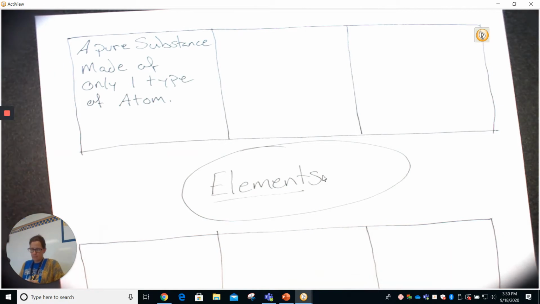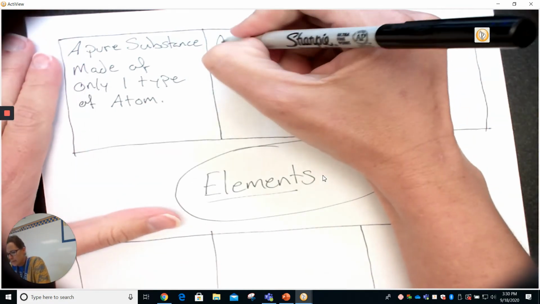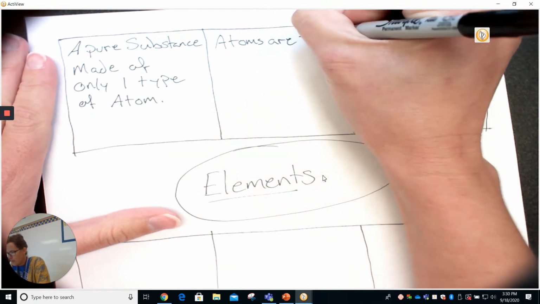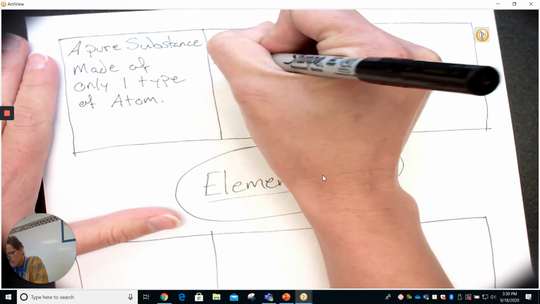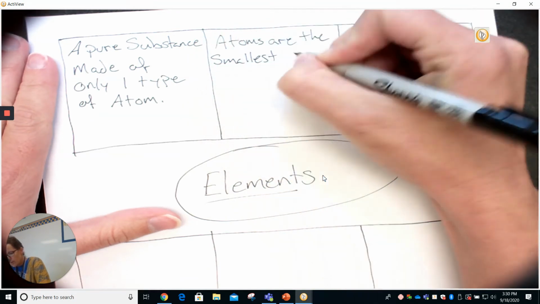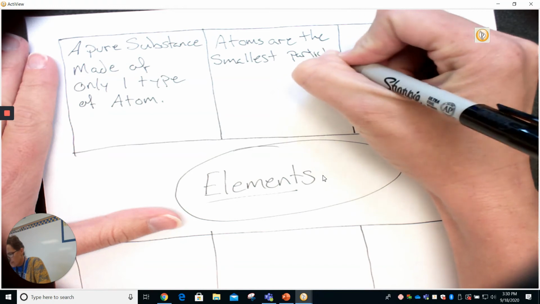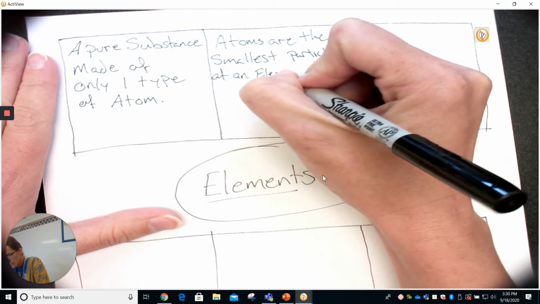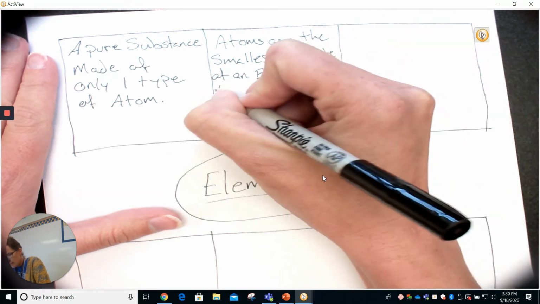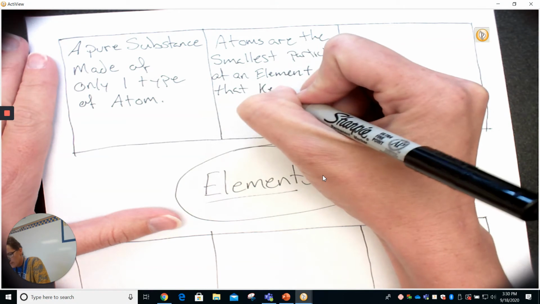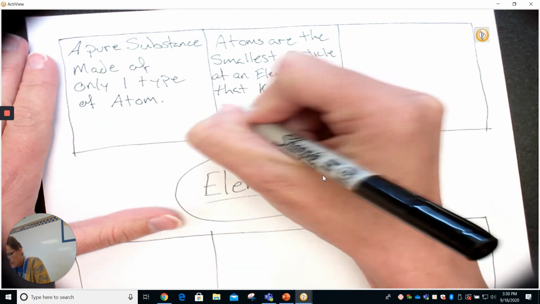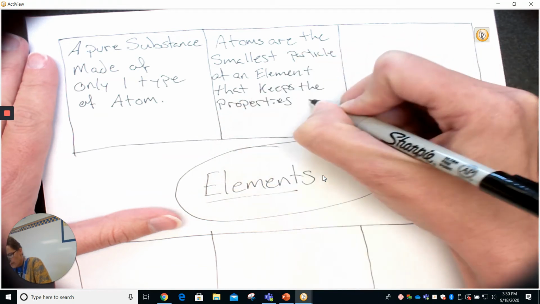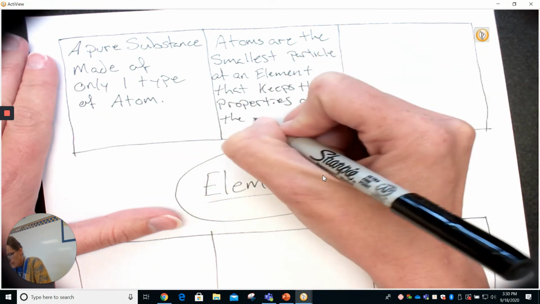But atoms are the smallest particle of an element that keeps the properties of the element.